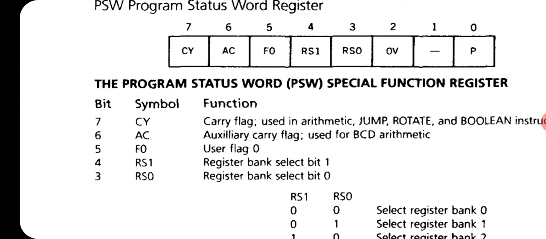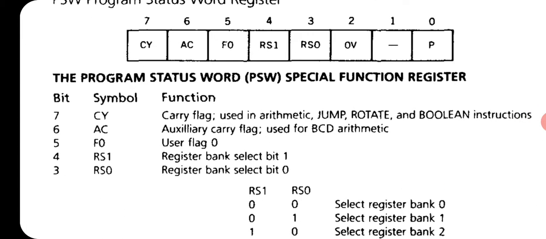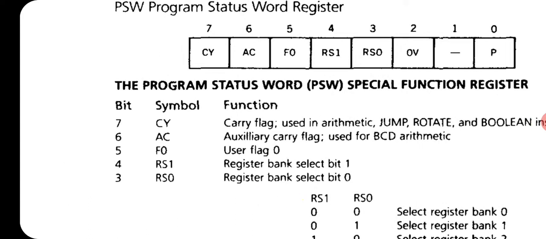What is this carry flag? It is used in arithmetic operation, in jump operation, and in rotate and boolean instructions. So operations such as arithmetic, jumping, rotating, boolean operations will involve carry. If a carry is generated, then this bit will go high.